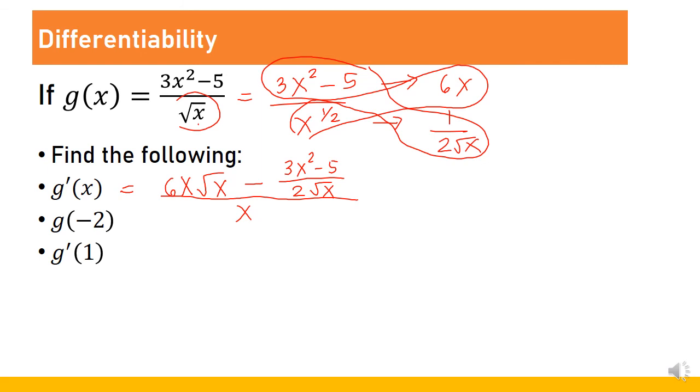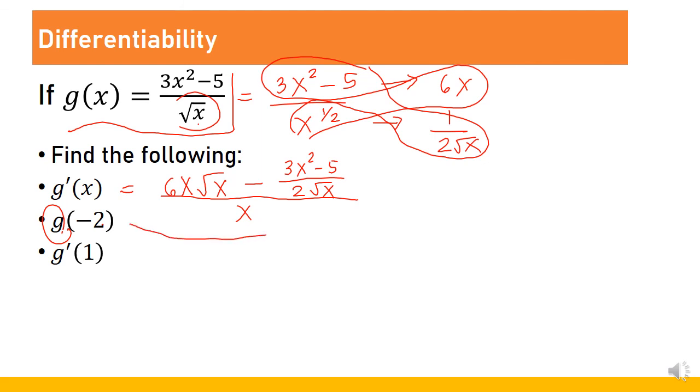Anyway, so this is not defined for x equals 0. That means this function is not differentiable for x equals 0. In fact, it's not defined for x equals 0. Okay? But for x equals negative 2, it is defined. But take note, this is g. So we're going to substitute here on the original function.